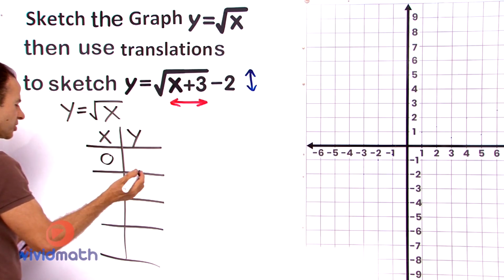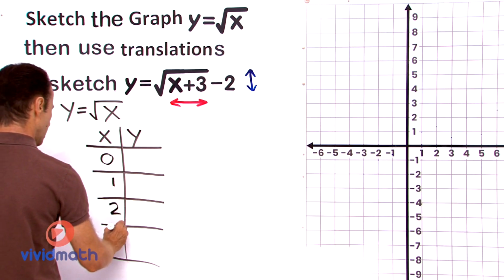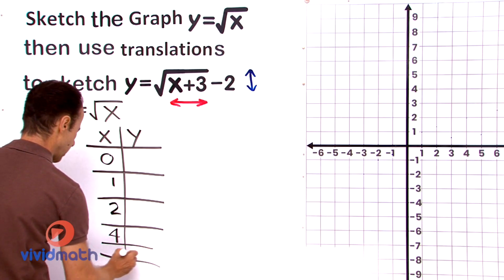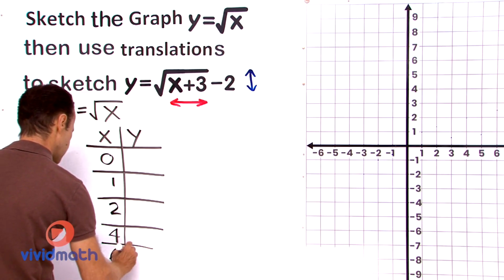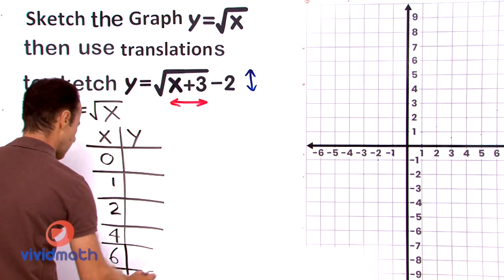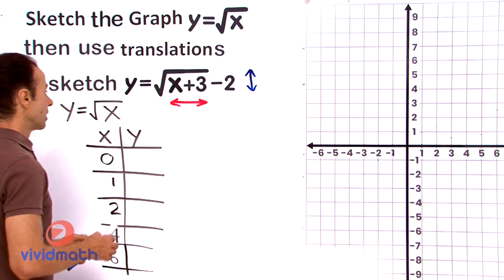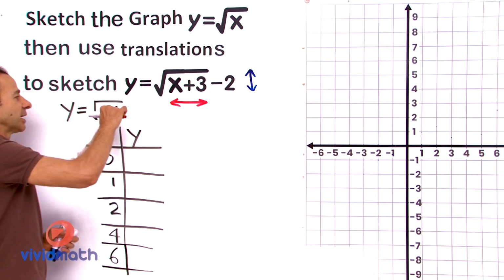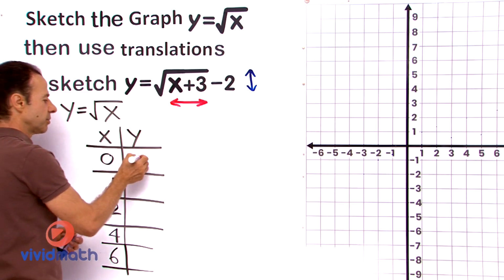Let's go 0, 1, 2. We'll go 4, and we'll have 6. Okay, let's start substituting. We're going to substitute 0 into the square root where x is. The square root of 0 is 0.